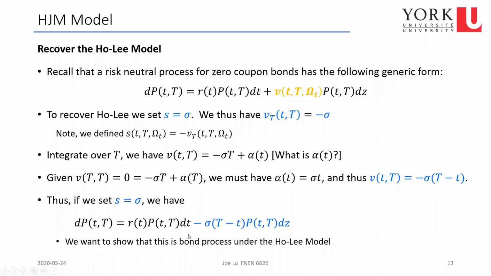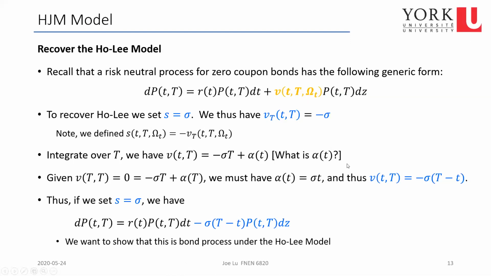Now, how do we know this is the price process under the Ho-Lee model? So we have derived a process from HJM by making S equal to a constant, right? So out of that, we know the HJM process must imply a zero coupon bond process that takes this particular form. So we have to show that this is also the bond process followed by Ho-Lee.